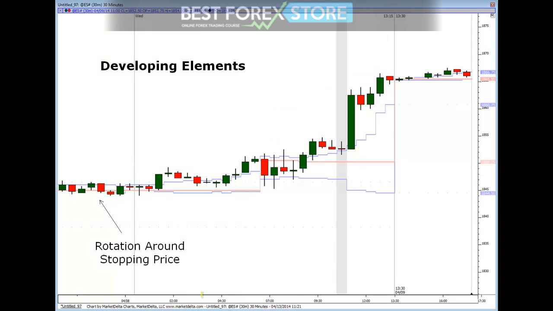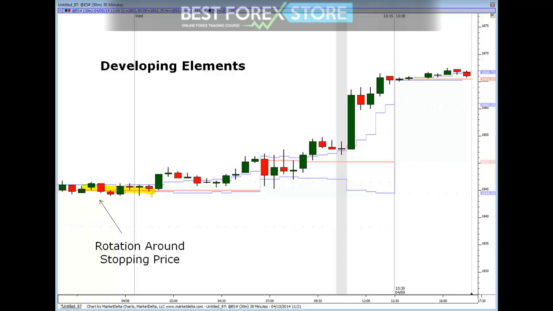Now let's take a look here and see how this applies to our chart. Well, obviously this volume point of control, the pink line on the chart, was my stopping price, and you can see each 30-minute period up and down, up and down, up and down, basically rotating around that stopping price.